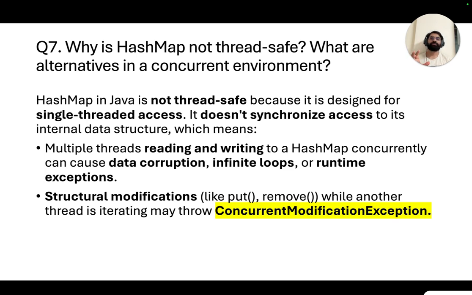If you are iterating a HashMap and another thread tries to modify it during the iteration, then it will throw a concurrent modification exception. It is thrown at runtime because the structure of the HashMap is changed by a different thread.